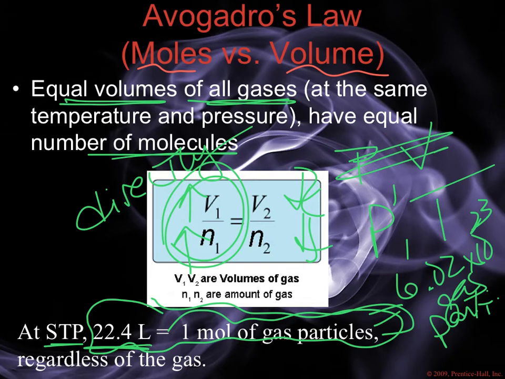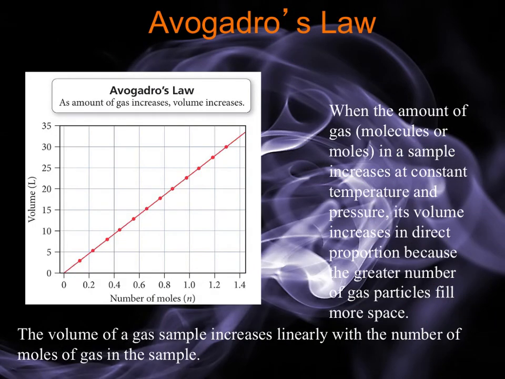If you change temperature and pressure, you're going to have different amounts of particles and volume. Because Avogadro's law shows a directly proportional relationship between moles and volume, you would expect it graphically to be another linear relationship. As one goes up, the other goes up.